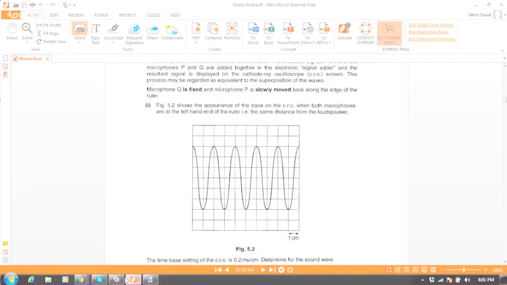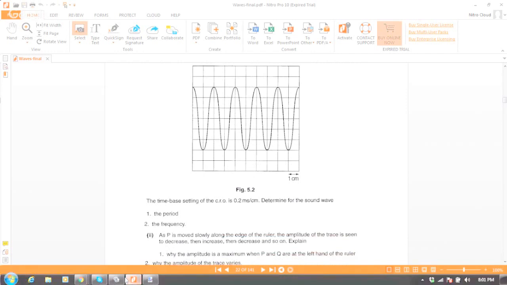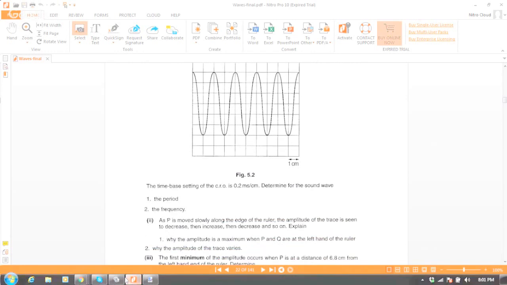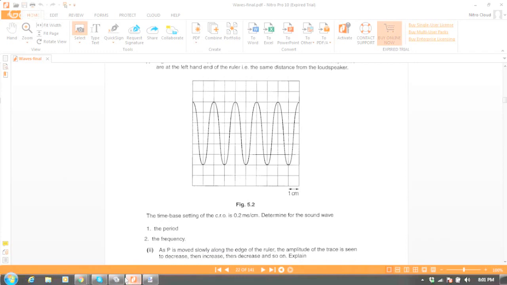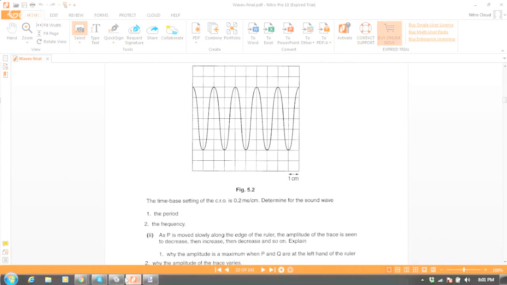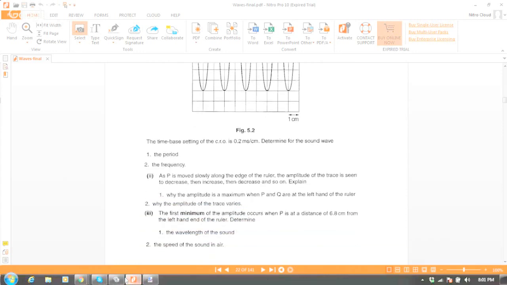That is the same distance from the loudspeaker. The time base is given; determine the time period for the sound. The time base is given as 0.2 milliseconds per centimeter. Count the number of divisions for one complete wave, crest to crest. That is 2 divisions, so 2 × 0.2 milliseconds will give you the time period, hence the frequency.